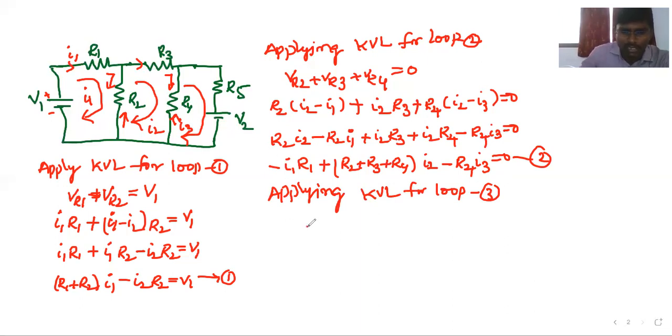So VR4 plus VR5 is equal to, while considering the polarity of V2, so here for V2 the current is entering with positive, whereas for reference V1 the current is leaving with positive. But for V2 entering with positive, which is opposite to the reference one. So therefore for V2 you have to take a minus sign. So minus V2.